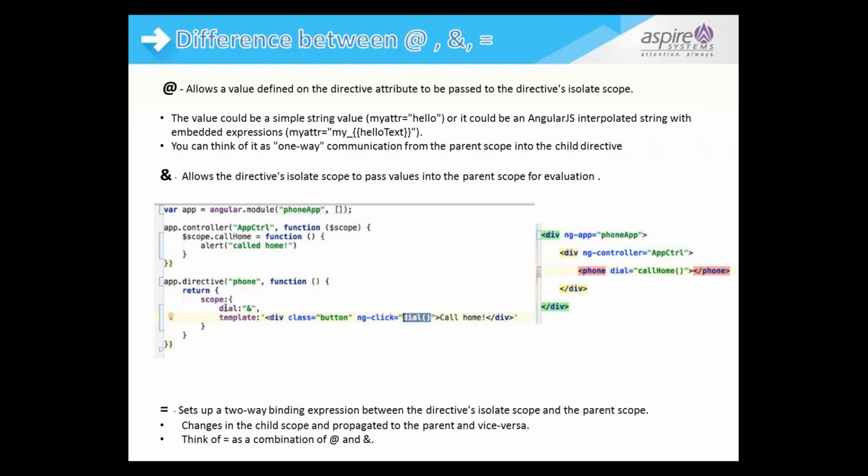I'll give an example. Now say you have a function called call home in both places. Okay? And this call home should only call its own call home method. But if you give it as equal to, it will first give priority to its parent, then it comes to the child. So this will be true.